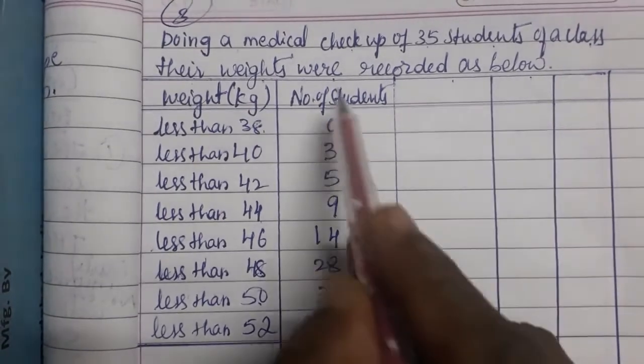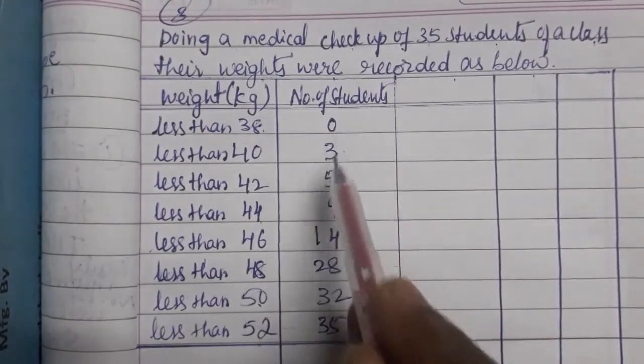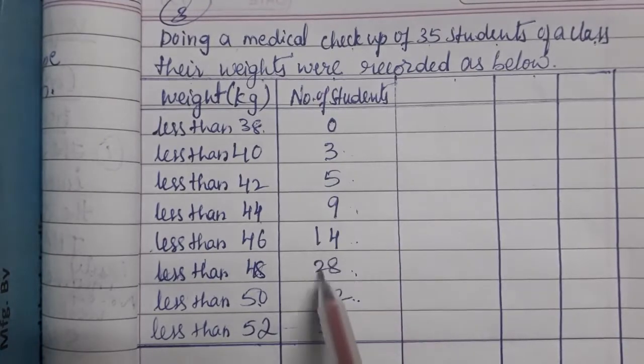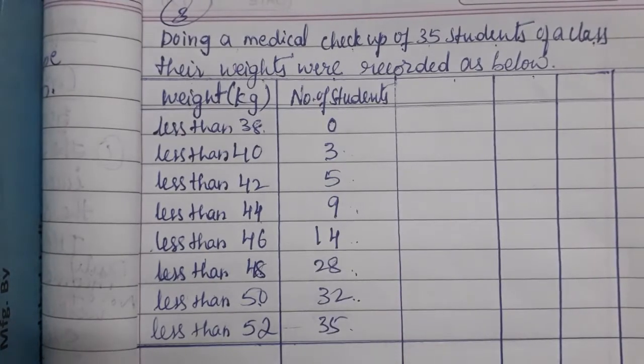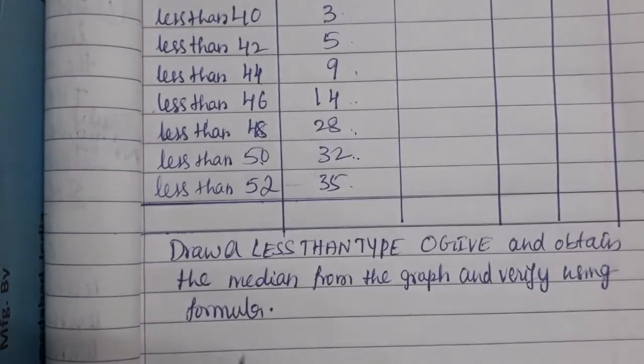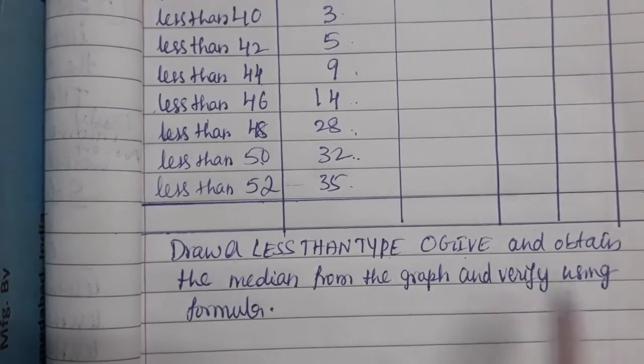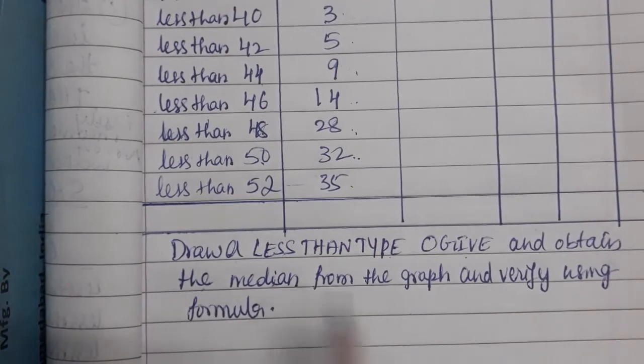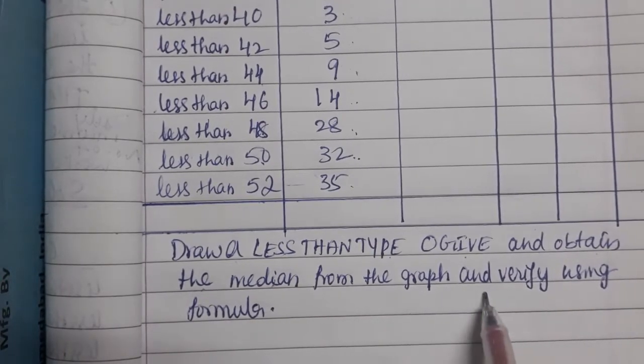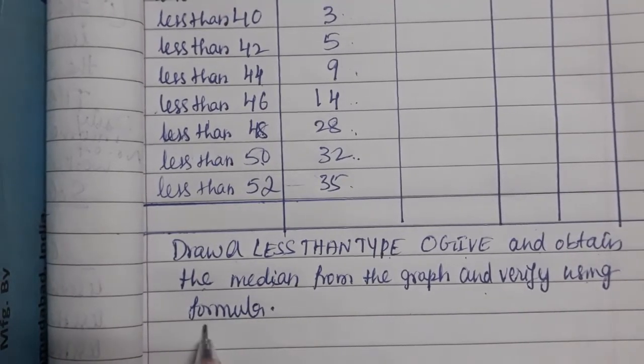Number of students: 0, 3, 5, 9, 14, 28, 32, 35. After this the question is like this: draw a less than type ogive and obtain the median from the graph and verify using formula.